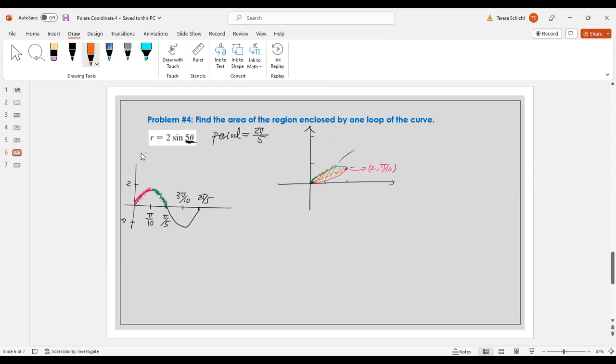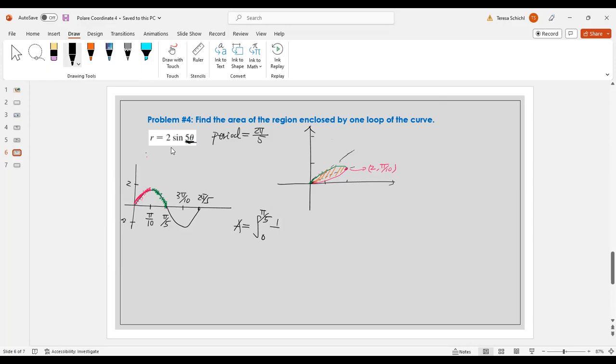So this loop is generated from 0 to what? Pi over 5. You see here? So now I can find the area from 0 to pi over 5. That's why, in the previous video, we said if you use the Cartesian to help you graph, it's extremely helpful.